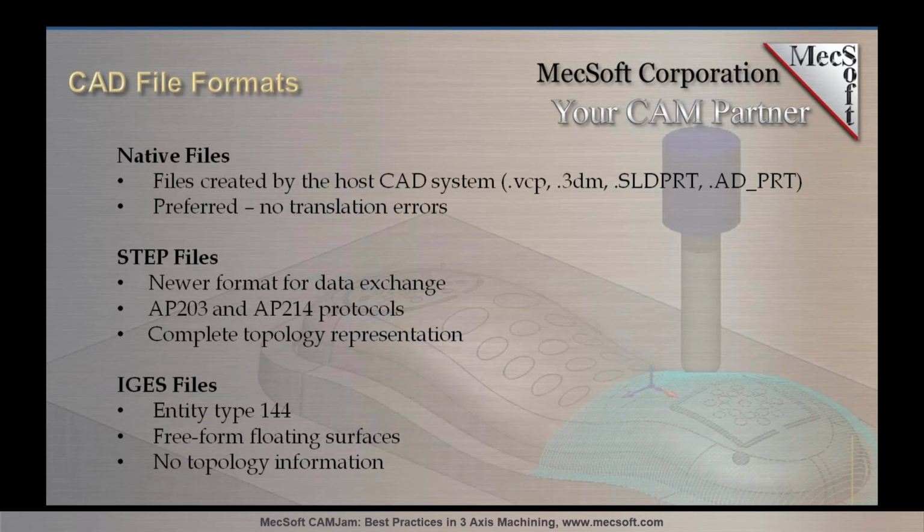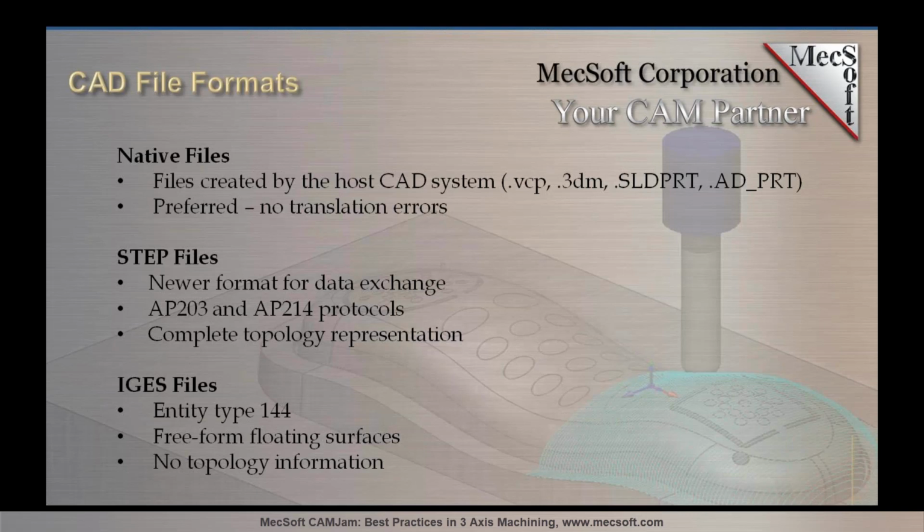The reason the STEP file is a better option than IGES is that it has topology information. Remember, we were talking about topology being how surfaces share edges and are interconnected so that there are no gaps. So the STEP files would be a better solution in terms of a data exchange format.